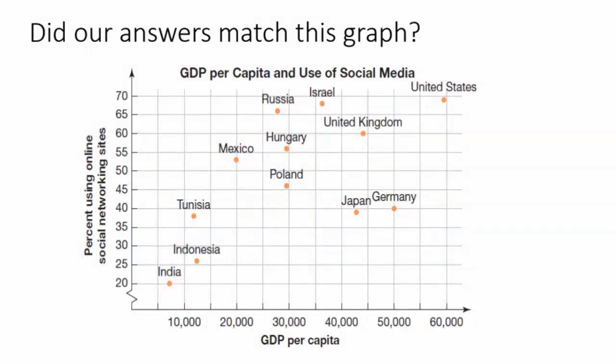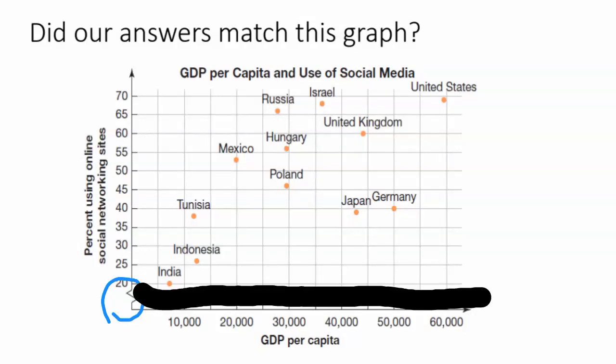Notice right here, they have the squiggle. Well, we would have had a lot of white space in through here because we started with 0. Because we would have had 0, 5, 10, 15, up to 20.